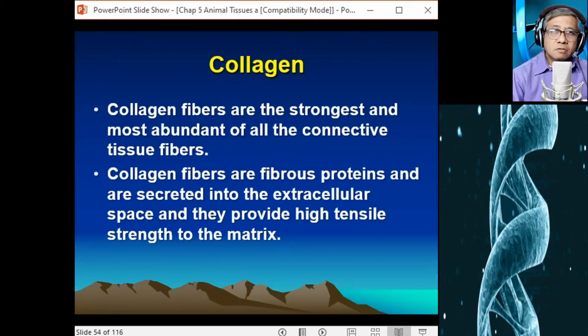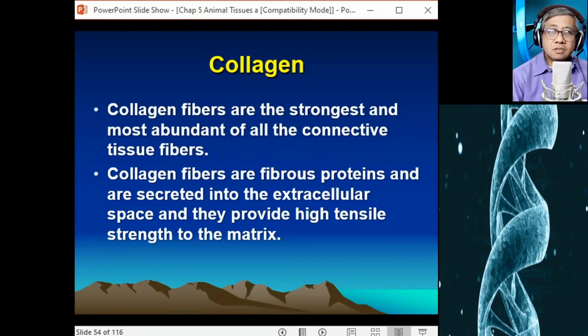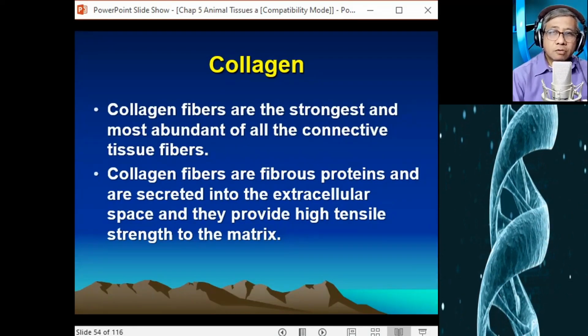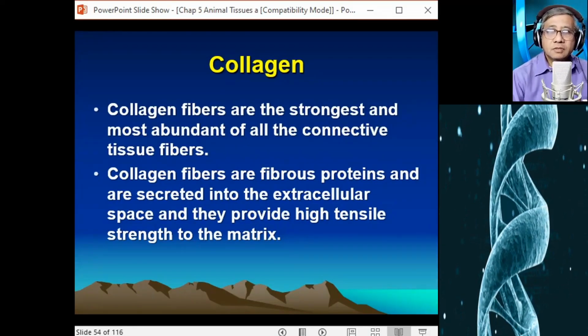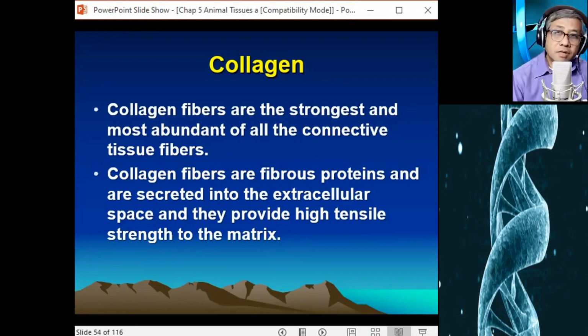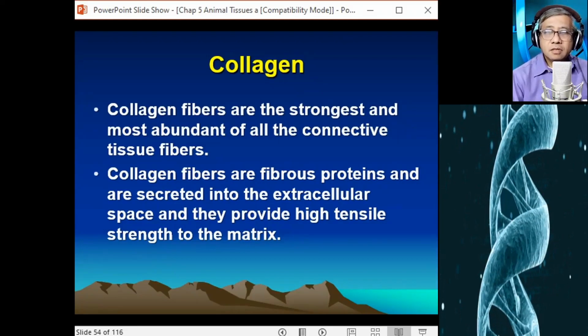Now, collagen or collagen fibers are considered the strongest and the most abundant of all the connective tissue fibers. Let's look at it under the microscope, it's somewhat thick because they are the strongest and also the most abundant.